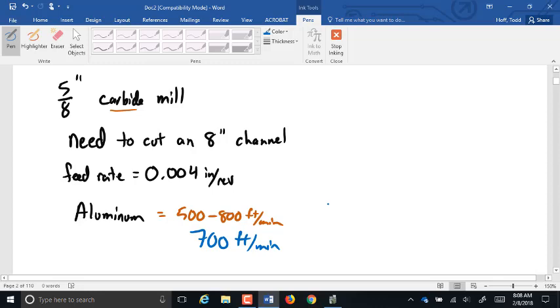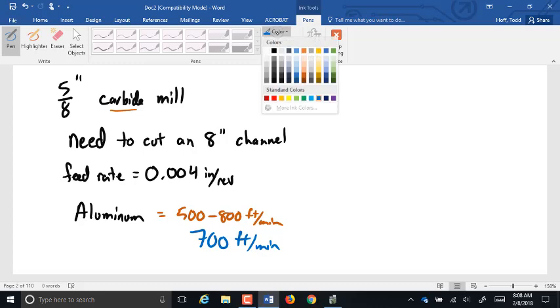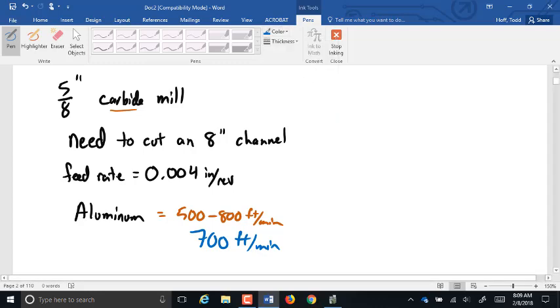Now, we're ignoring setup time. We're just looking at cutting the parts. We'll figure in setup time later. First thing we need to find is RPM. N equals 3.82 times our cutting speed over diameter, right?